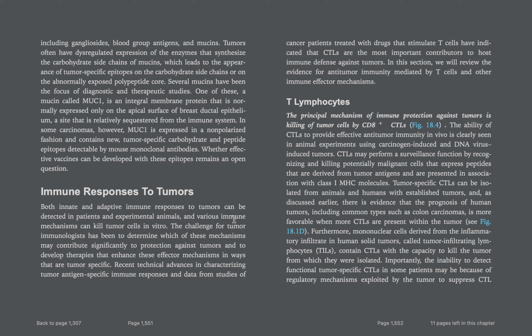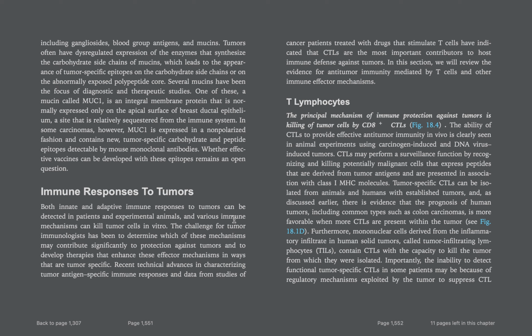CTLs, or cytotoxic T lymphocytes, may perform a surveillance function by recognizing and killing potentially malignant cells that express peptides derived from tumor antigens and presented in association with class 1 MHC molecules. Tumor-specific cytotoxic T lymphocytes can be isolated from animals and humans with established tumors, as discussed earlier.